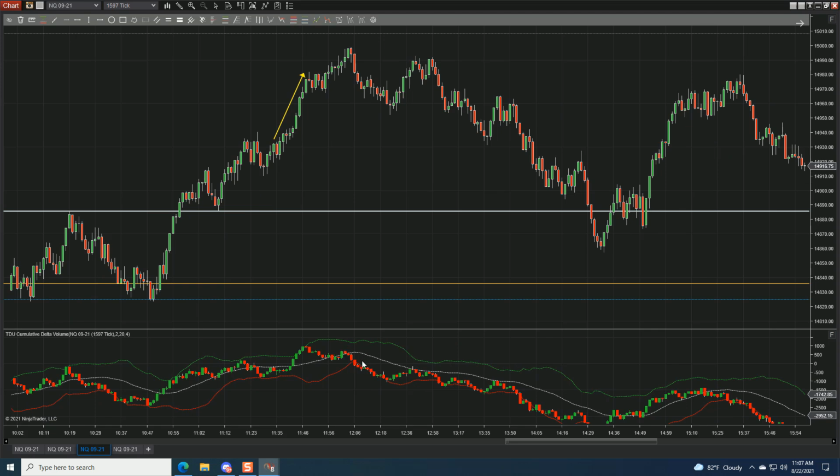This is where the Bollinger Bands can be helpful. Look at the divergence up here. I get a new high, I get this move here, but down below I've got this move here.